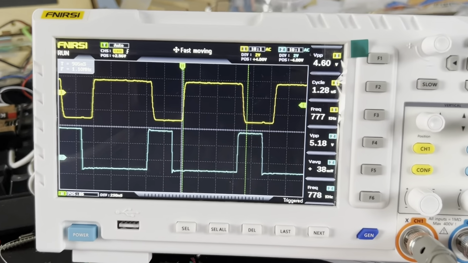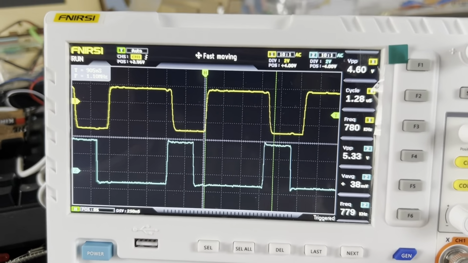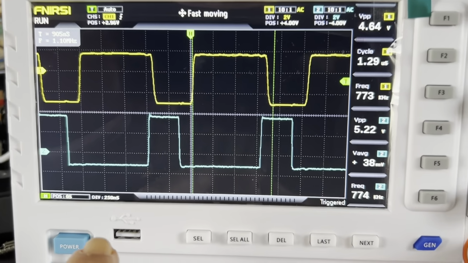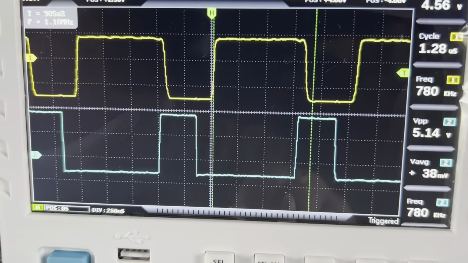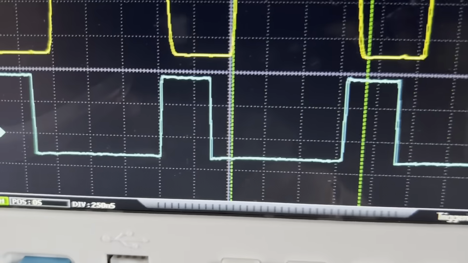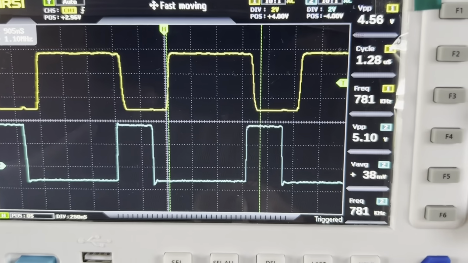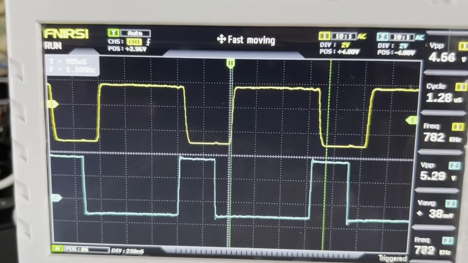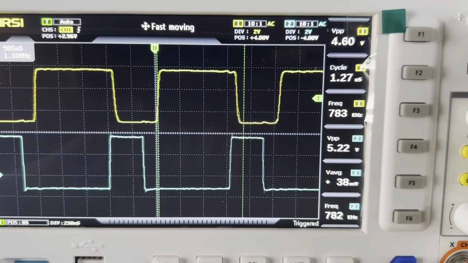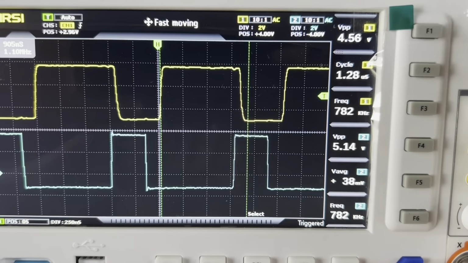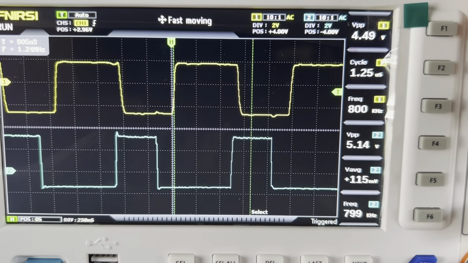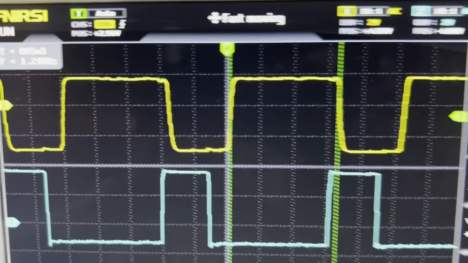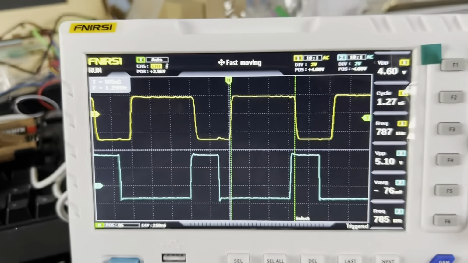So here are our high and low pulses on 2 separate channels. If you can see here, the top pulse is the high pulse, which measures, if each division here is 250 nanoseconds, then the high pulse measures 1, 2, 3.5, which, let's put the cursors on, and measure it out to be about 805 nanoseconds.